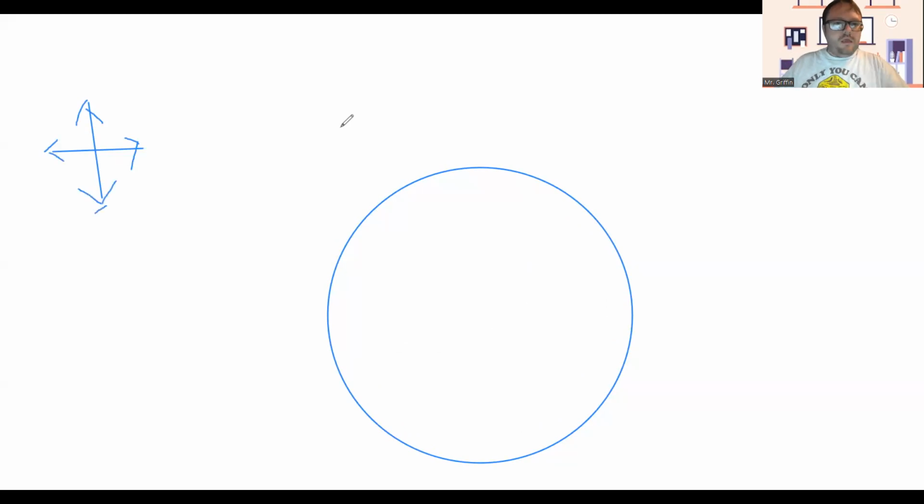North, south, east, and west, okay? That's just going to help us so you know which direction we're heading with the winds.